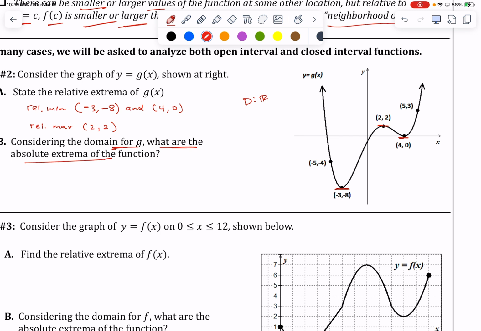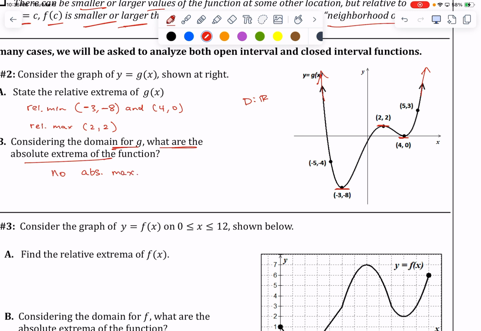No. Why not? Because it goes to infinity. This thing goes up forever, so which one are you not going to get? You're not going to get an absolute max because the graph goes up forever. So there's no absolute max, but is there an absolute min?